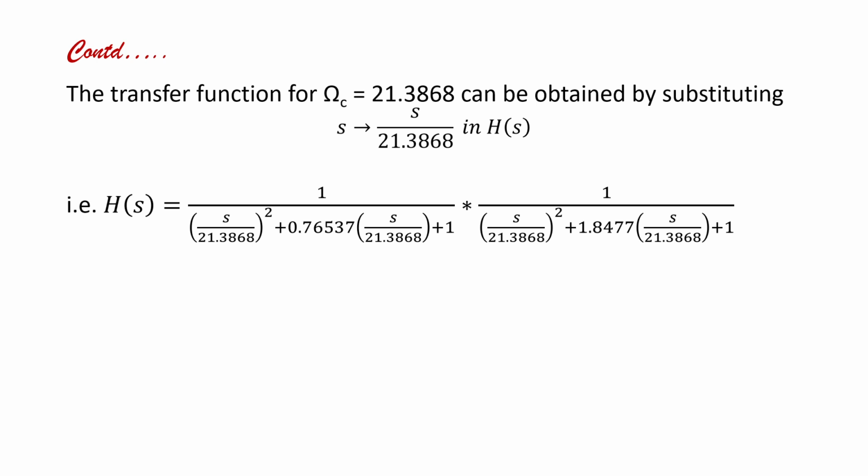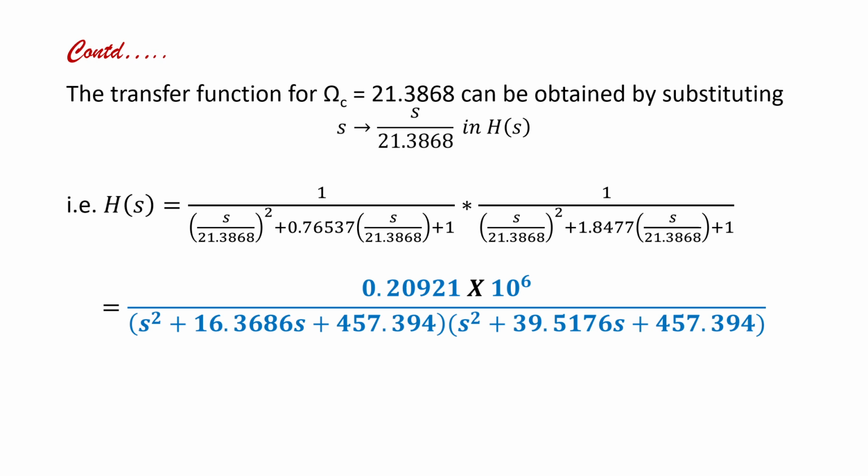That means we have substituted s with s by 21.3868 in the previous equation. Now this is the final transfer function of the Butterworth filter.